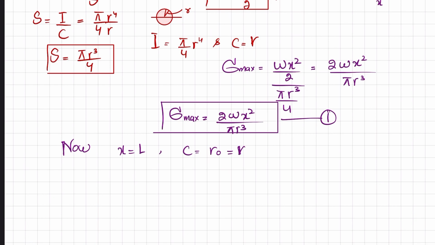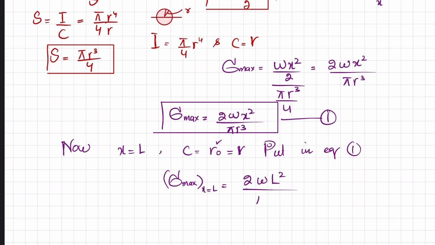Yes, at x equal to L, the radius is equal to R naught. Clear? So put in equation 1, and you will have sigma max at x equal to L equal to 2WL square divided by pi R naught cube, and this will be your equation number 2.